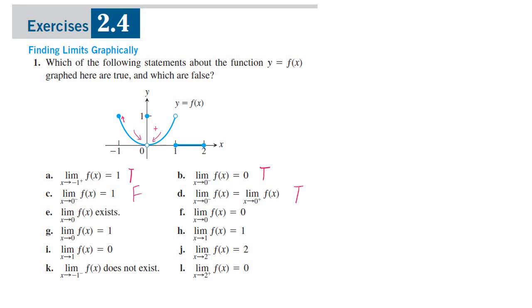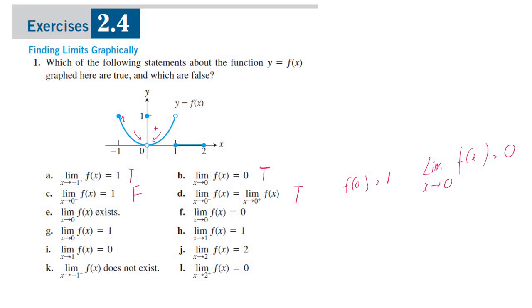So the limit exists and the limit is equal to 0. I am aware that f of 0 is equal to 1, but the limit as x tends to 0 of f(x) is equal to 0, because from the positive side and the negative side, the limit tends to 0.